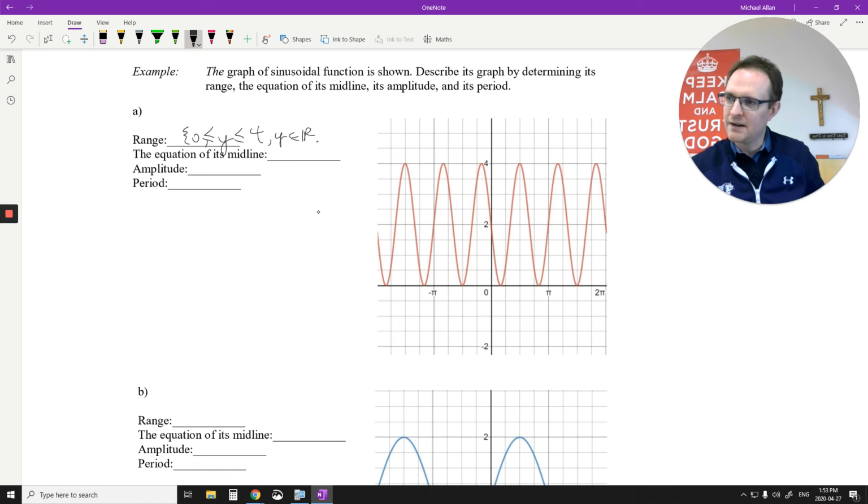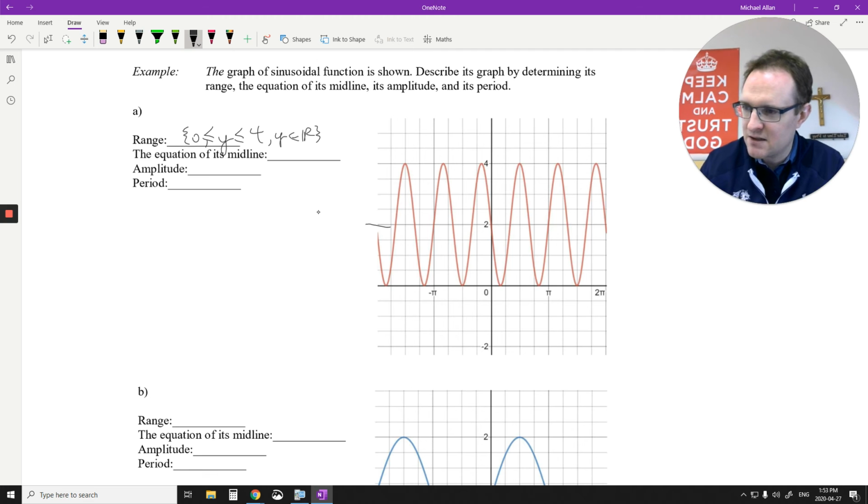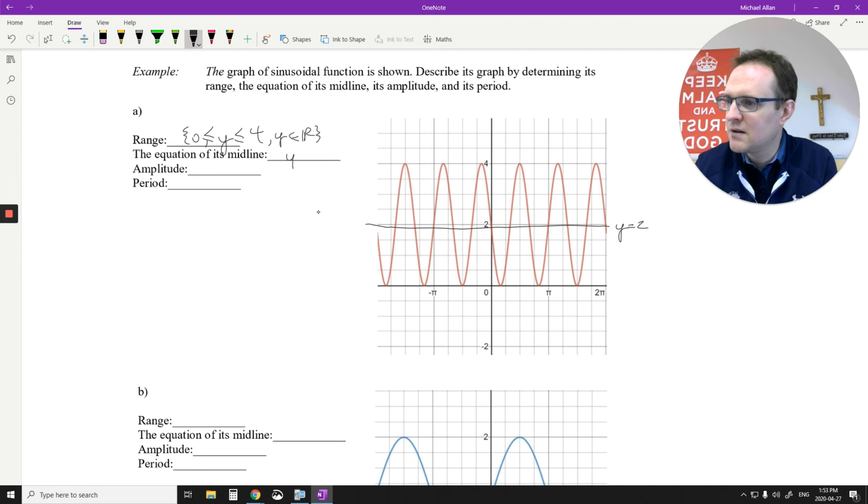I'll put a little YR there. It's a nice continuous graph, so we always put the YR. My midline, so you just draw a line right down the middle. There's my midline. Y is equal to 2. Amplitude is from the midline up to the top, or down to the bottom, sorry. So it looks like it's just going to be 2.